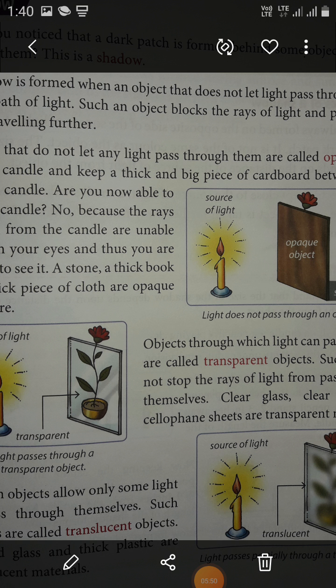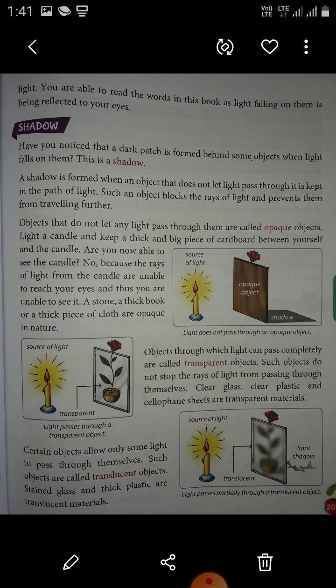Translucent material lets light pass through, but objects on the other side can't be seen clearly, like thick plastic or stained glass.